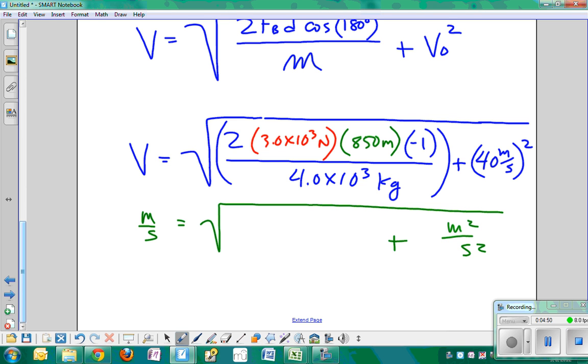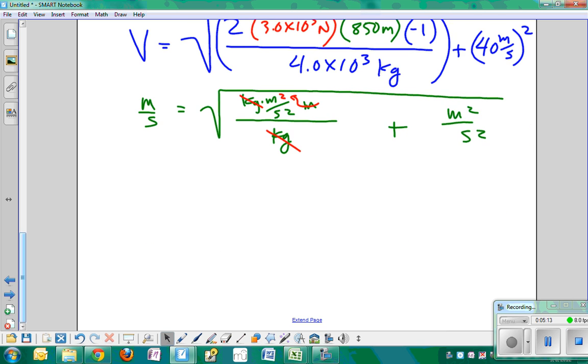Newtons are equal to kilogram meters per second squared, times meters is going to be equal to kilogram meters squared per second squared, divided by kilograms. Looks like it's going to work out. We're going to lose kilograms. This is going to be meters squared per second squared. And meters squared per second squared plus meters squared per second squared, square root, gives meters per second. Good to go.